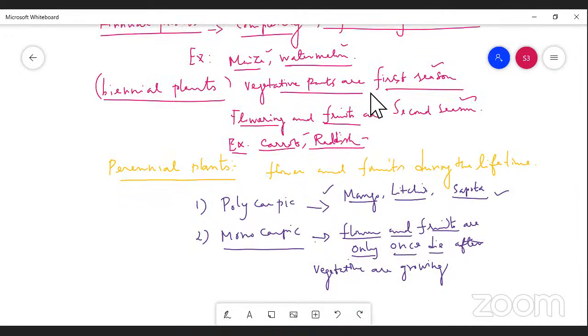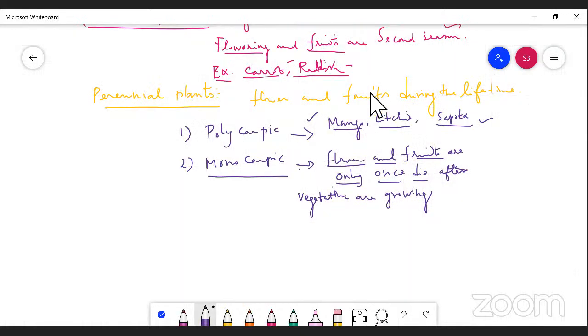For example, bamboo and agave. So polycarpic, for example, mango and sapota, have fruits and flowers during the lifetime. Monocarpic flower and fruit only one time, after the vegetative parts have grown. For example, bamboo and agave.